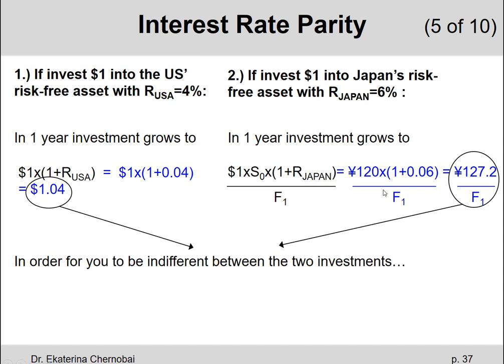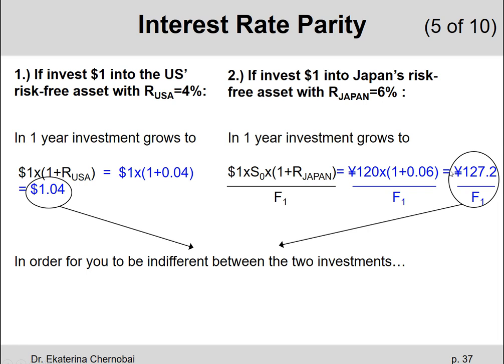And now we can answer the main question in this problem, which was, under which circumstances would you be indifferent between the two investments? What does being indifferent between the two investments really mean? It means you don't care whether your $1 is invested in the United States or in Japan.